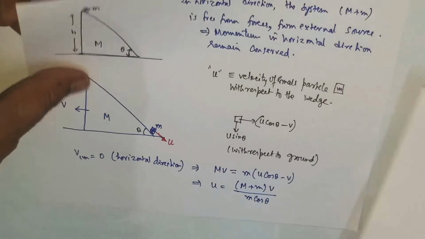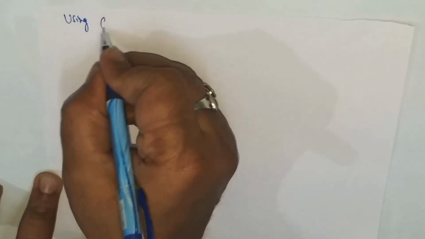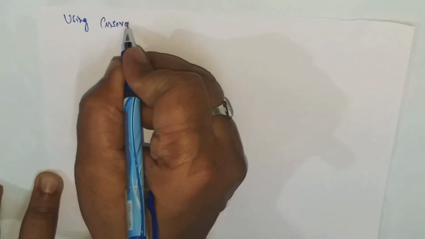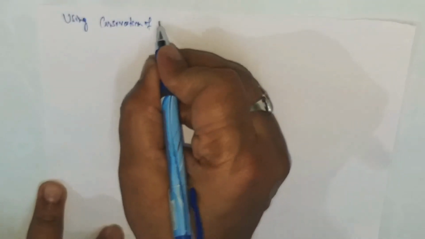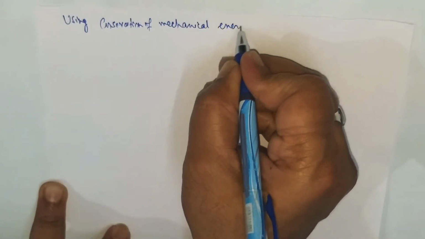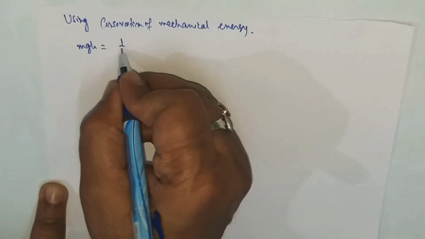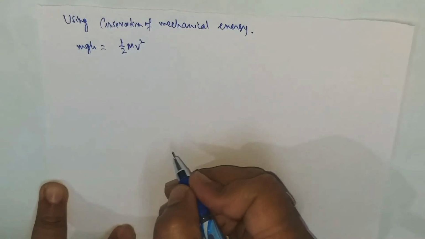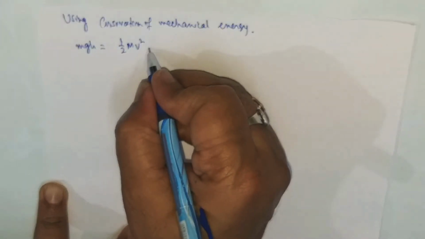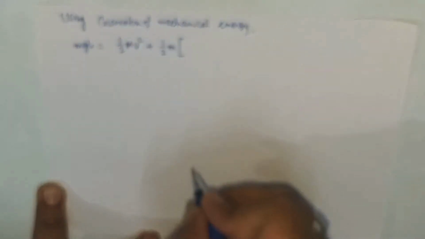So, using conservation of mechanical energy, we have mgh equal to half MV square, that is for the wedge, and very carefully see, half small m and the speed square.